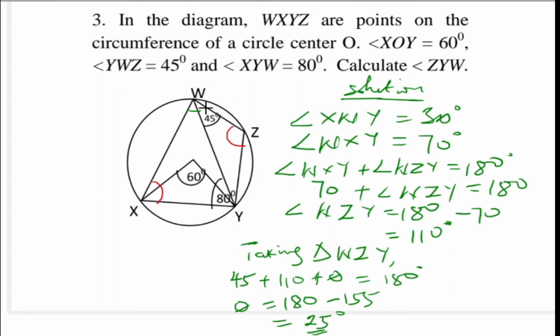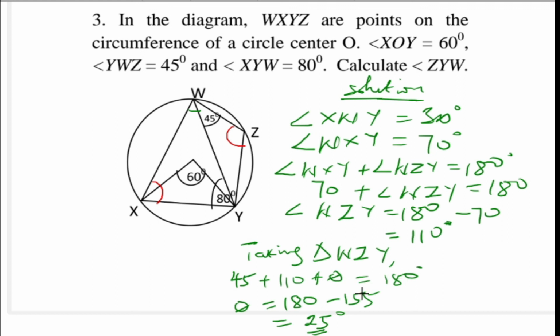So we take angle YWZ, which is 45 degrees, plus WZY, which is 110 degrees, which we found here, then plus our unknown angle, which I decided to call theta, ZYW. It should all give us 180.